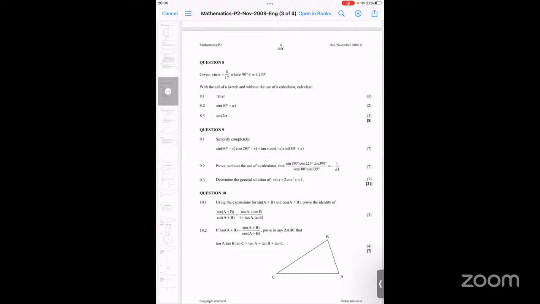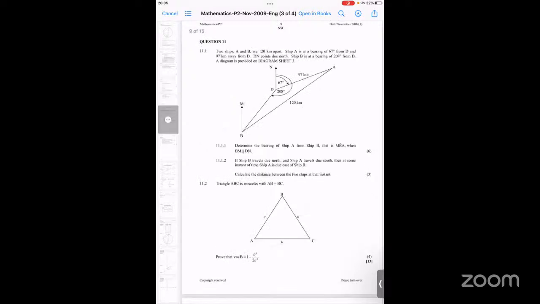Okay, looks like we have some things there which we will look into, but it's fine. Now they want you to determine the bearing of ship A from ship B. And that is angle B in triangle MBA when BM is equal to DN.